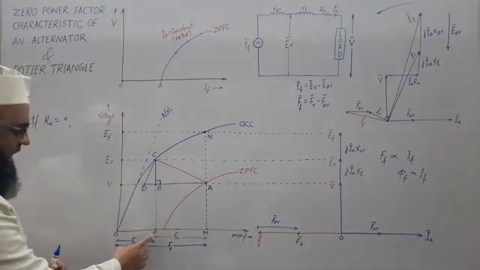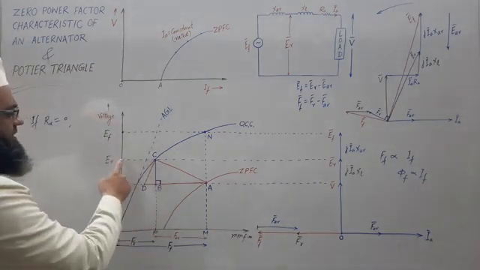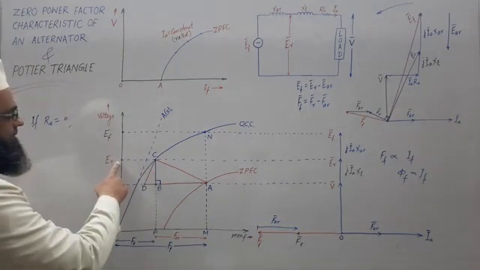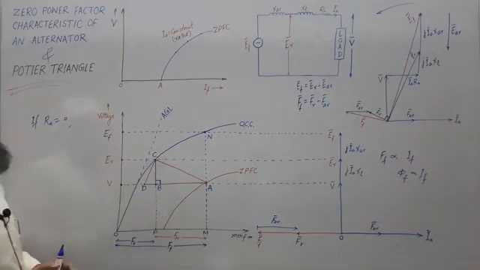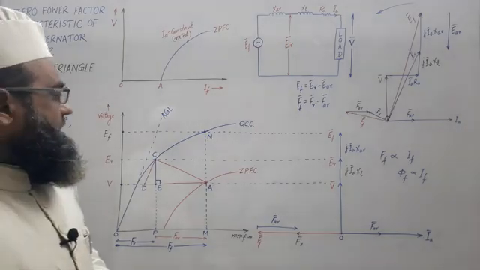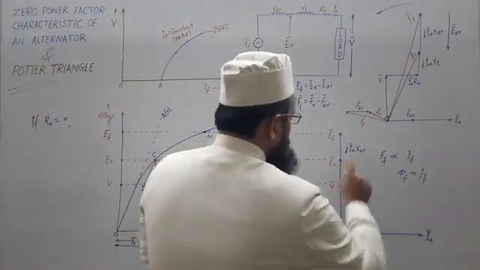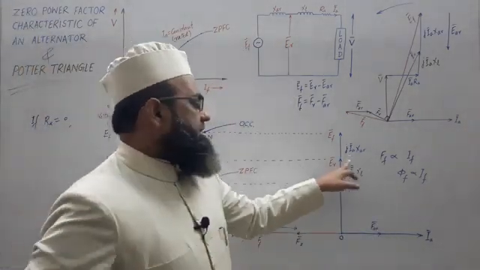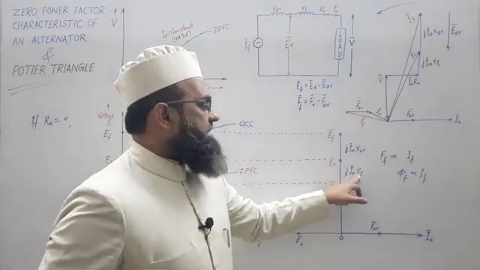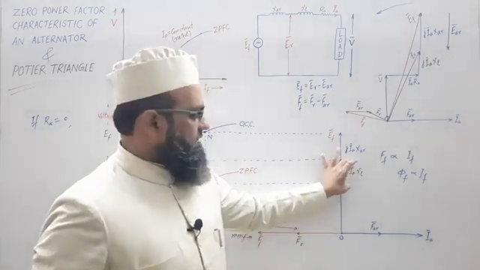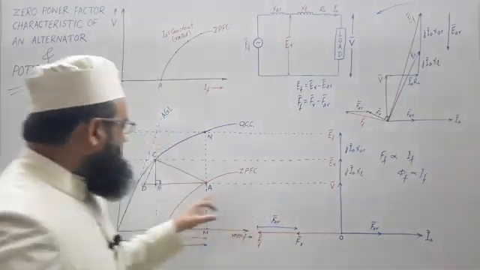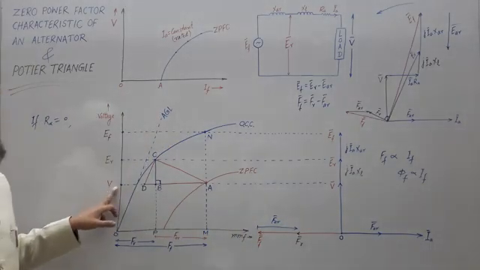Corresponding to this FR, we are getting the resultant air gap EMF as ER. If we further decrease this ER by IAXL, then we will get the magnitude of terminal voltage.